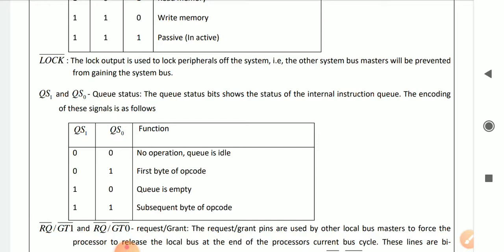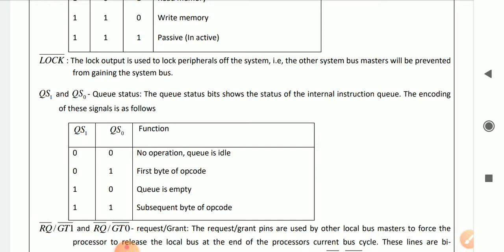If QS1 QS0 is 01, the first byte of the opcode will be transferred, because an instruction contains opcode and operands. So you are always storing the type of task, or instruction, in the queue.